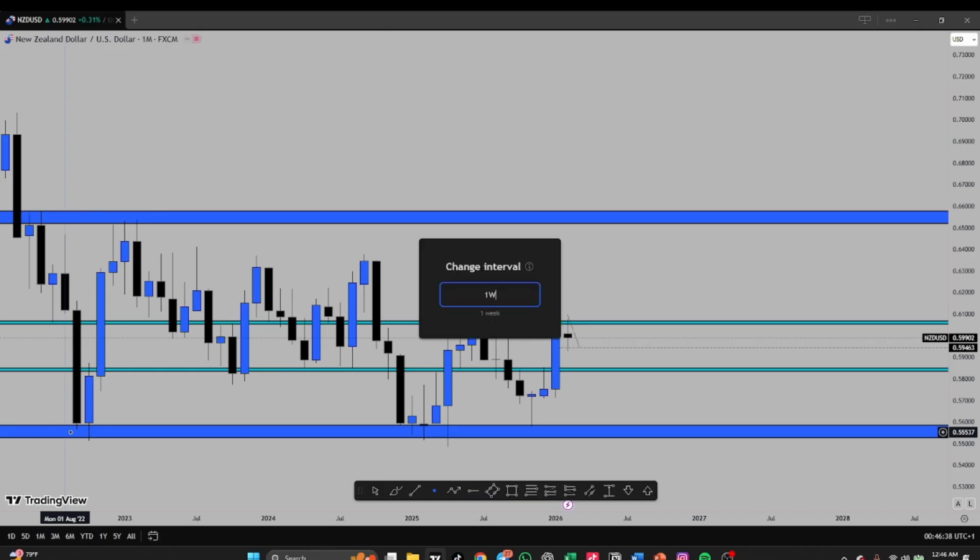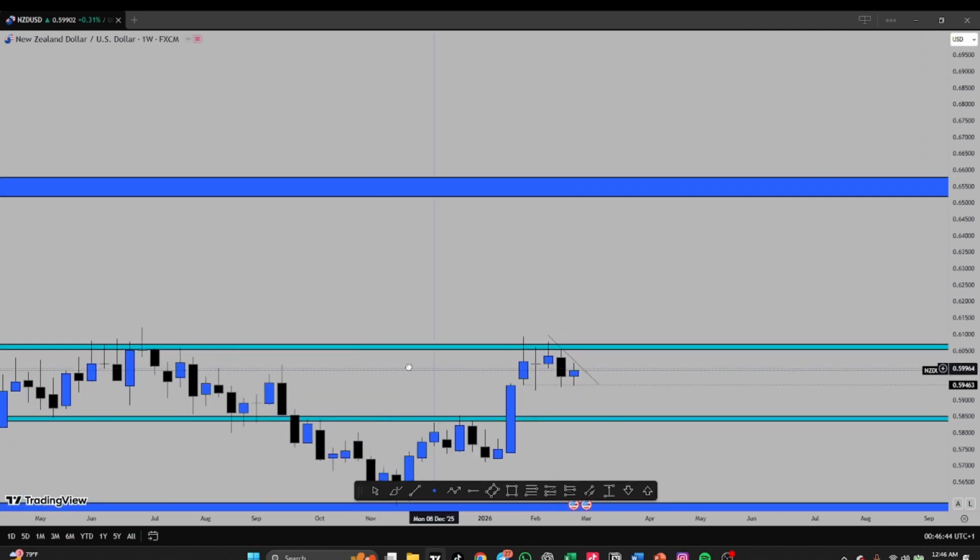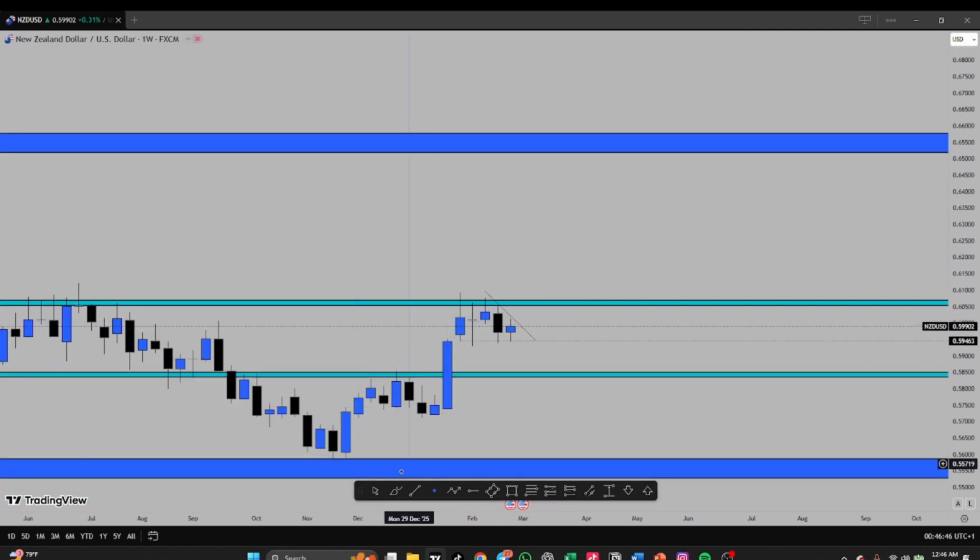So if I narrow down to the weekly chart, I start to see exhaustion from the buyers. Strong bull candle, weak, weak, weaker, weak. So we are getting the buyers weaker in the market. This is a descending triangle signaling a sell position.